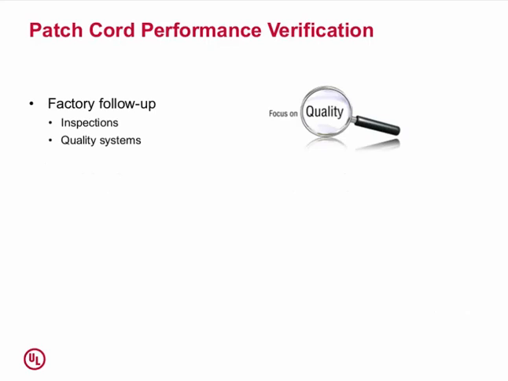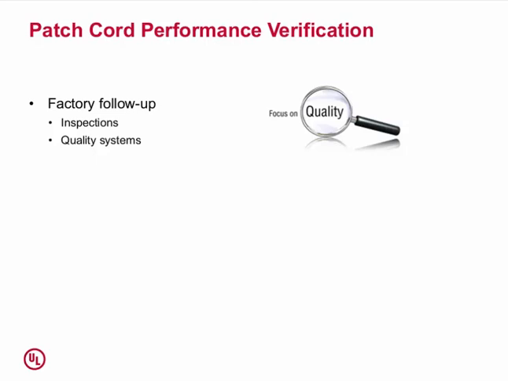The verification not only goes through the test program to see if the patch cord meets the requirements, after both some electrical and mechanical abuse, but it also includes factory follow-up, where inspectors or surveillance representatives will actually go into a factory, look at the product being made, inspect it according to reports that engineering writes, and look at the quality systems in some cases, depending on the type of product.